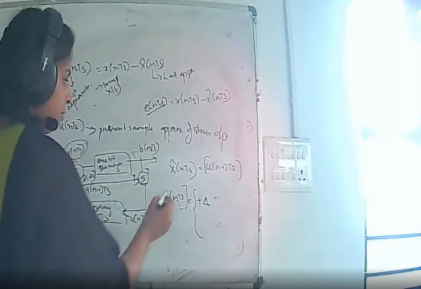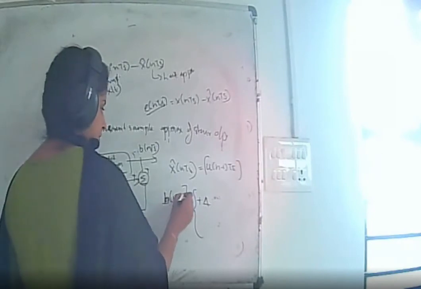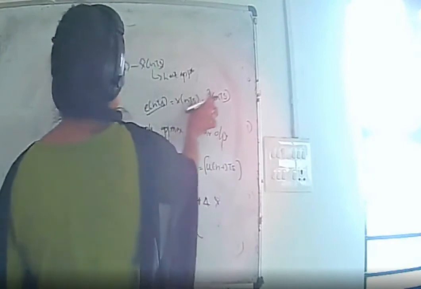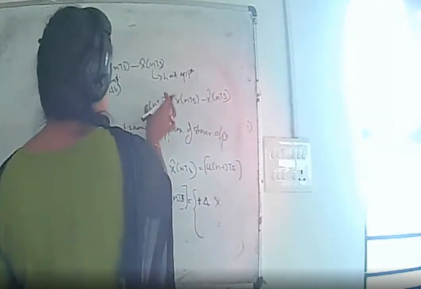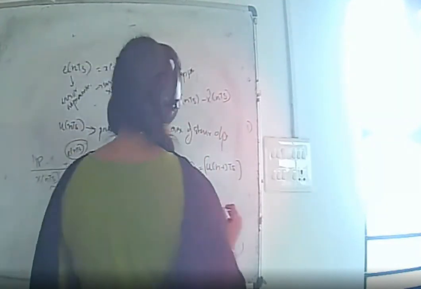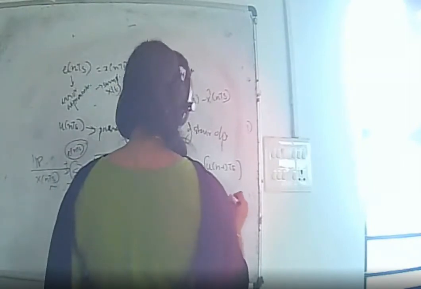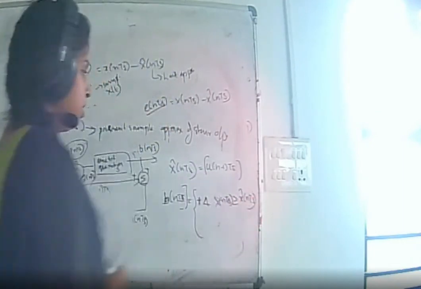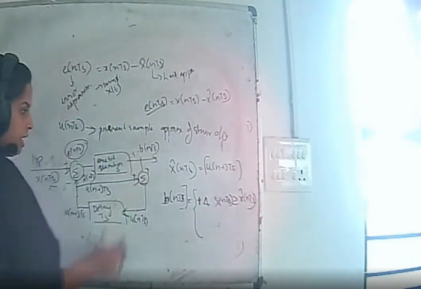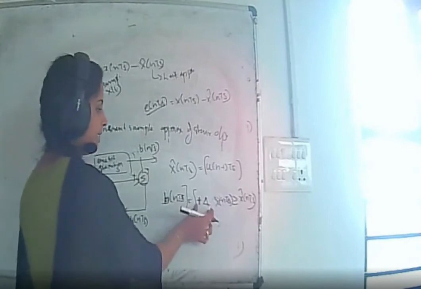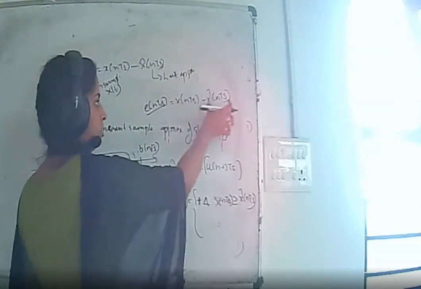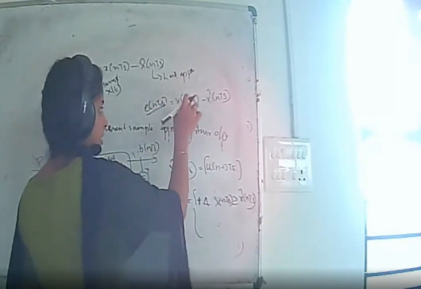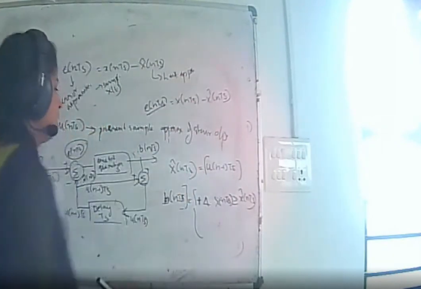So b of nTs is plus delta when x of nTs is greater than or equal to x cap of nTs, that is, this value is positive.